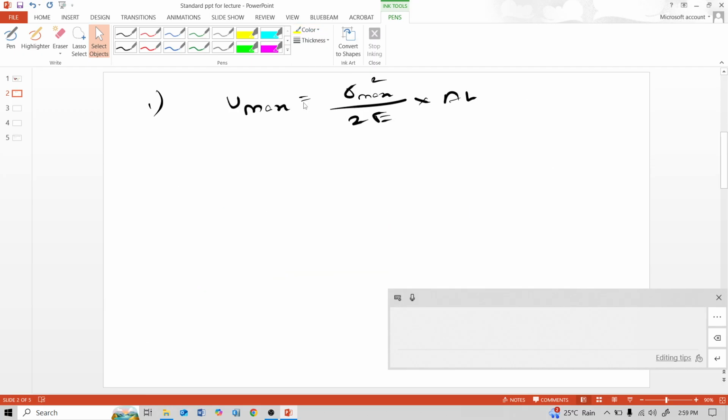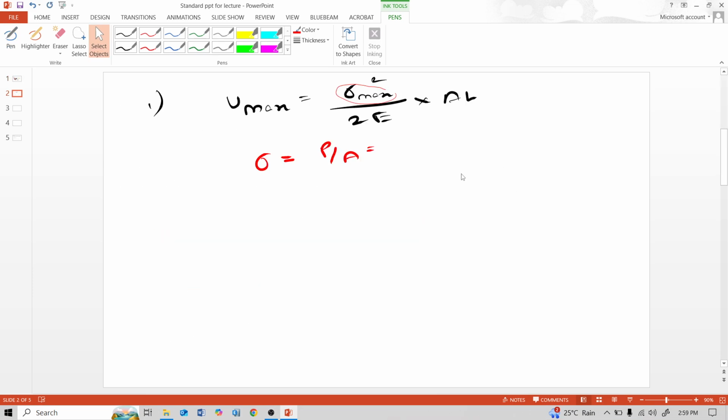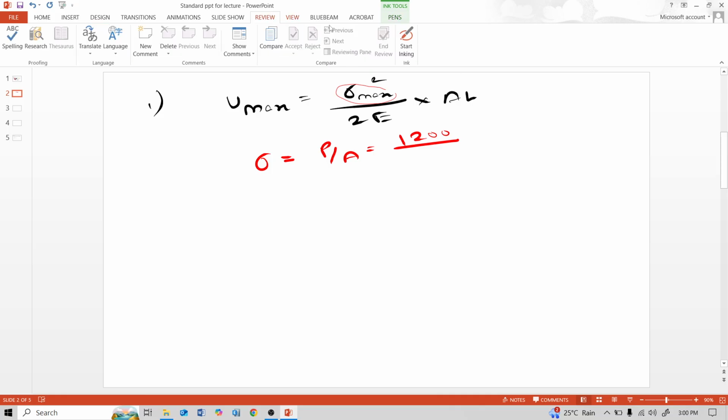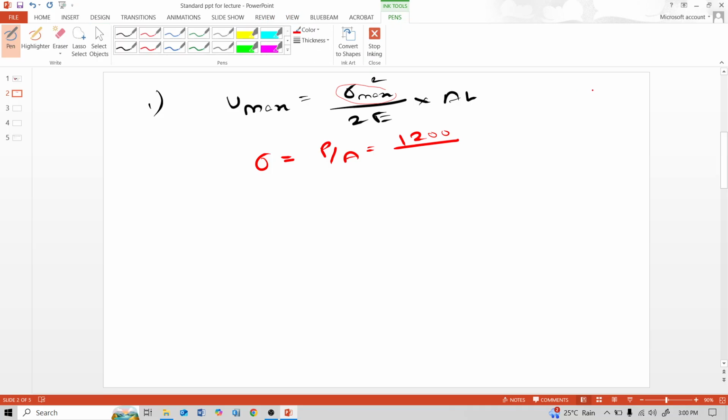What we don't know is this sigma max, but we know the sigma formula. Sigma is equal to load upon area, and in this numerical they have given us the load, 1200 kilonewton. See, units are important. Always use consistent units in one equation. When we use Newton, simultaneously use mm values.